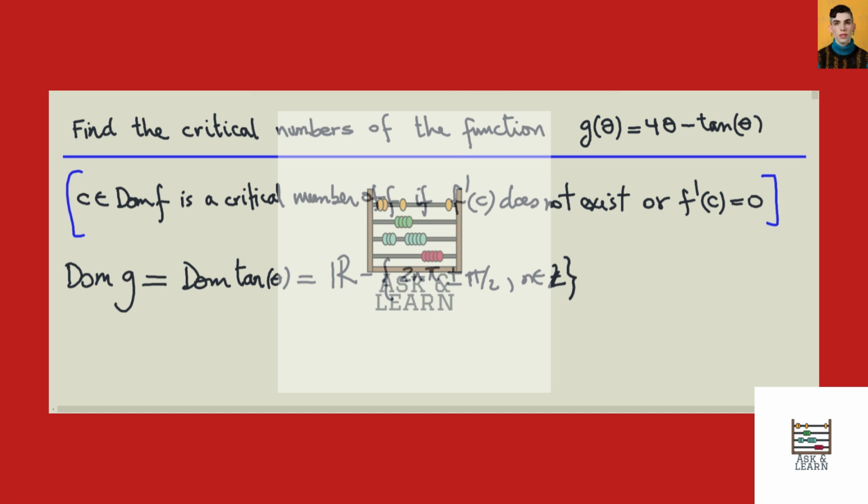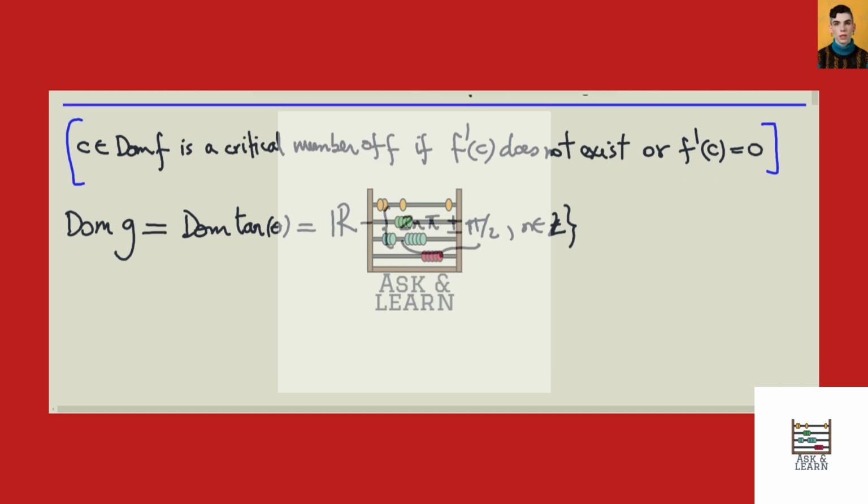That is why we get this formula here. So we have all the real numbers except those of this form. And it's there where we can find the critical points of g.